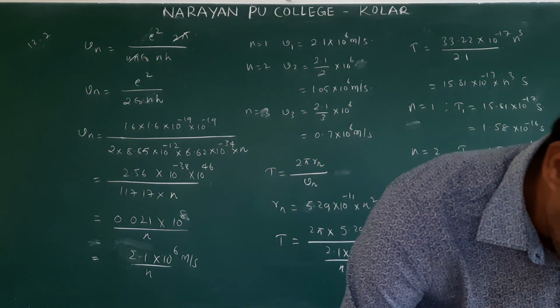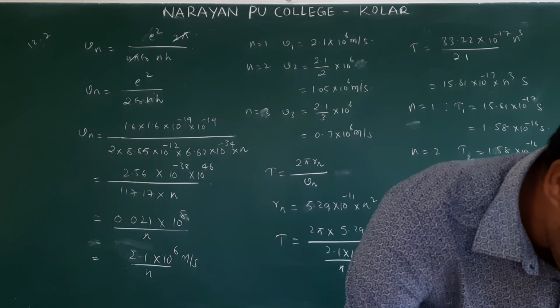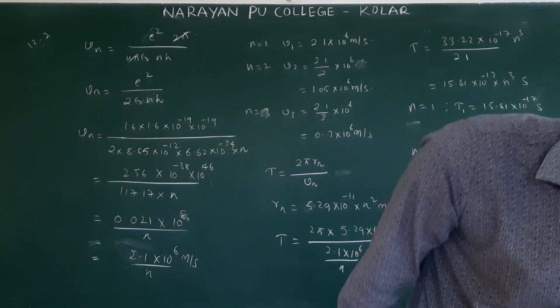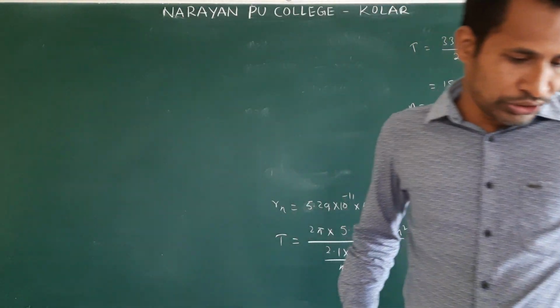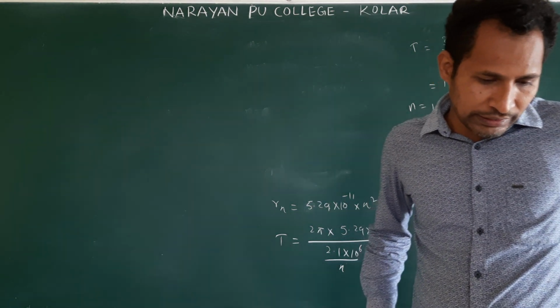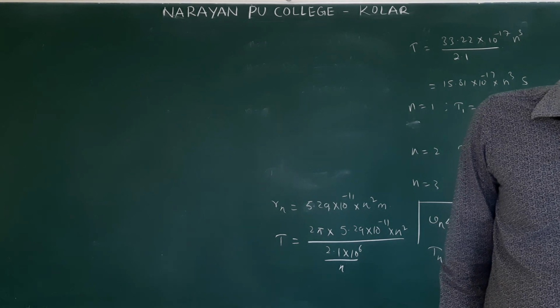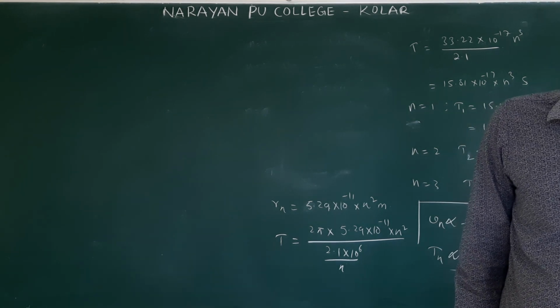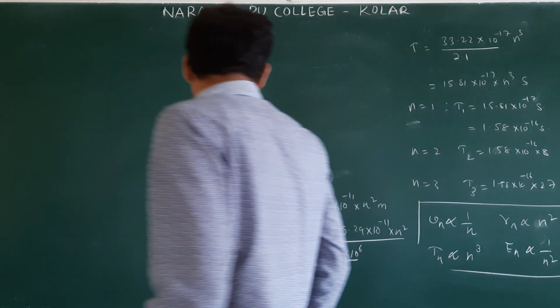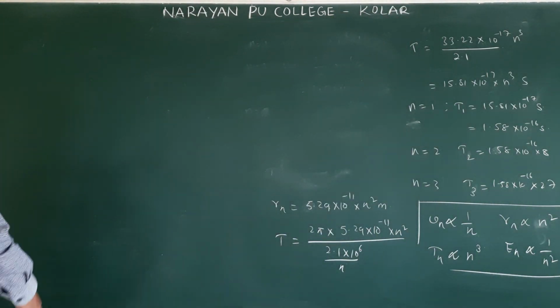Next we will go for the next question. That is the 8th question. Clear? The radius of the innermost electron orbit of the hydrogen atom is 5.3 into 10 power minus 11 meter. What are the radii of n is equal to 2 and n is equal to 3 orbit? So they given n is equal to 1.